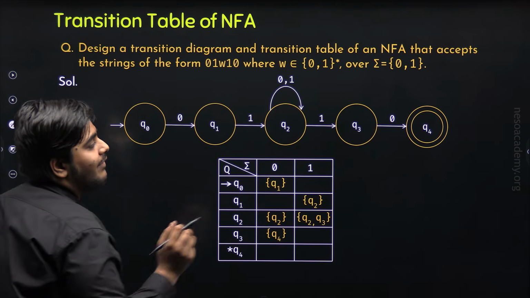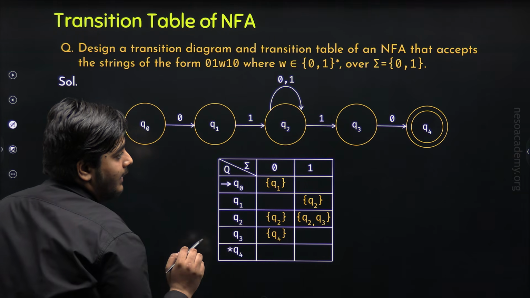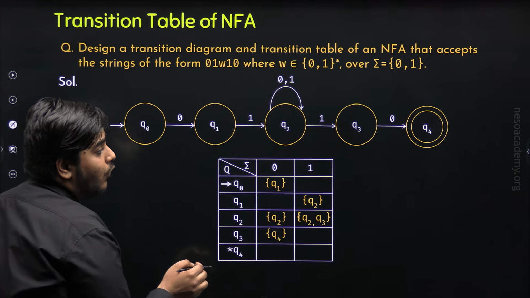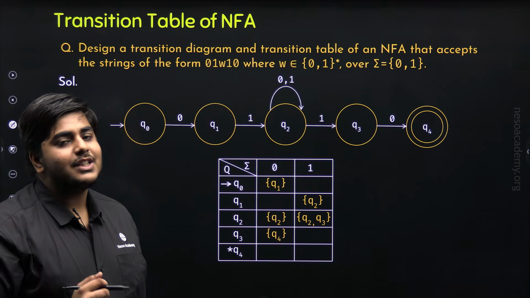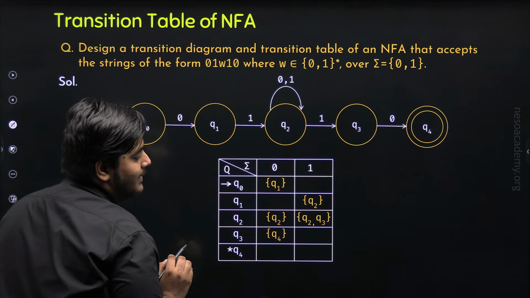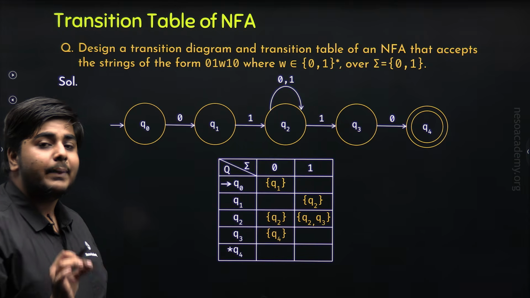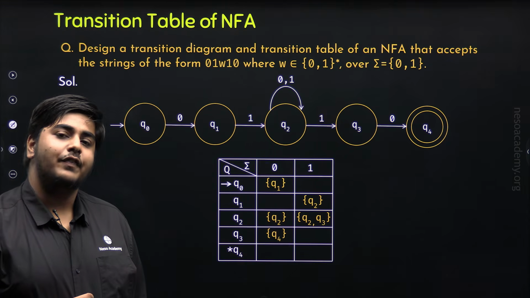And Q3 doesn't have a transition for input symbol 1, so we will not write anything in this cell. Now for the state Q4, we don't have any transition for input symbol 0 as well as for input symbol 1. So we will not write anything in these two cells. This is the complete and valid transition table for this transition diagram of NFA.